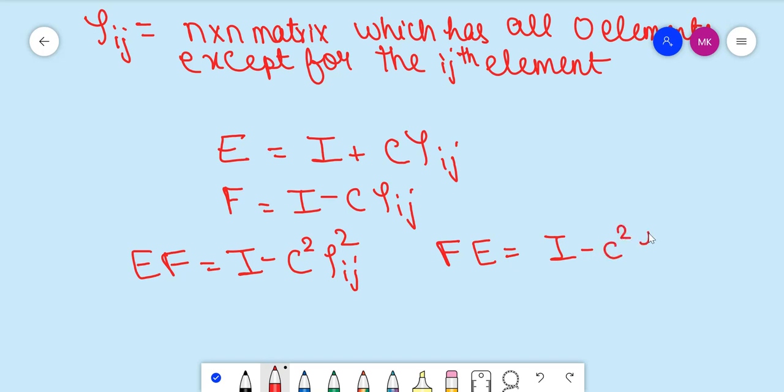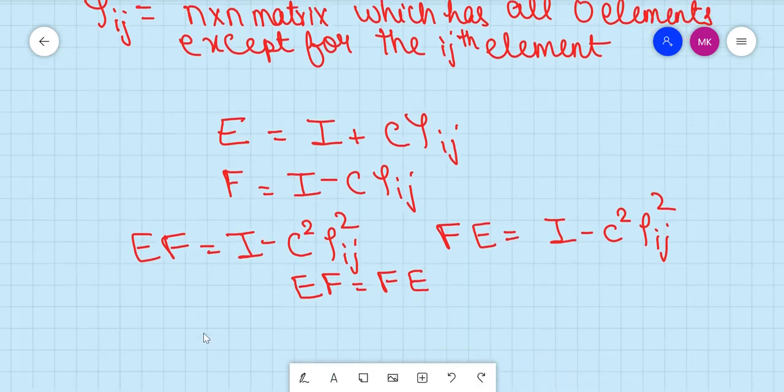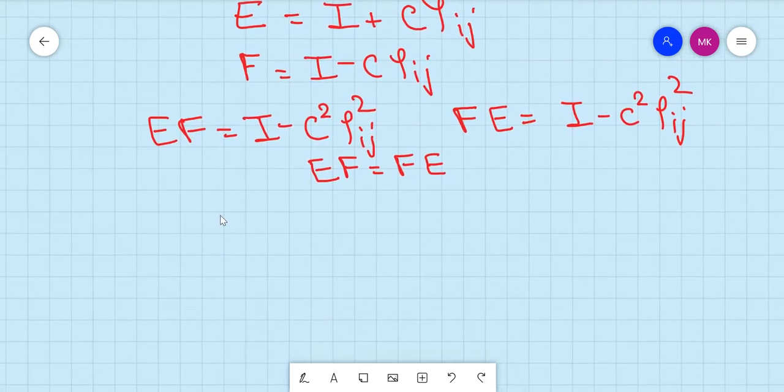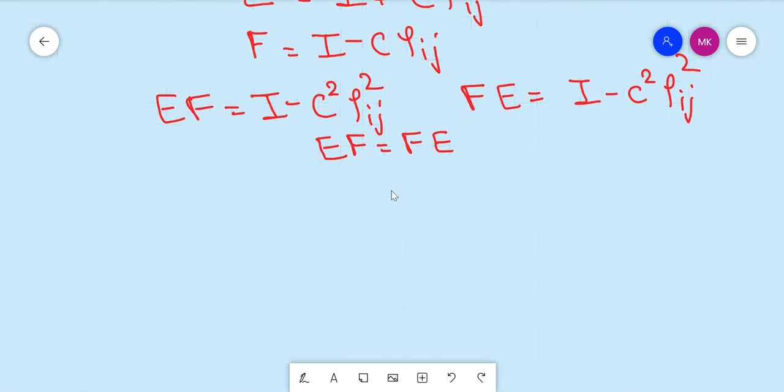You can check that yourself. So now what we have proved is the first part, which was EF is equal to FE. However, this is not the complete proof because we need to prove that EF is equal to FE is equal to the identity matrix. Otherwise, there can be a lot of matrices which are designed such that when multiplied in any order, they give the same product.